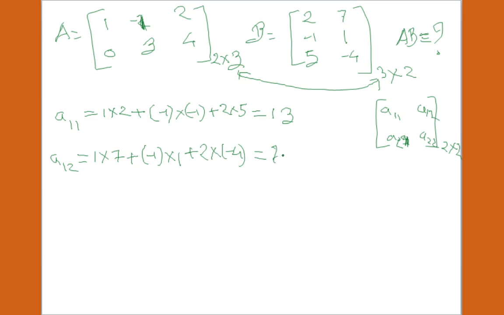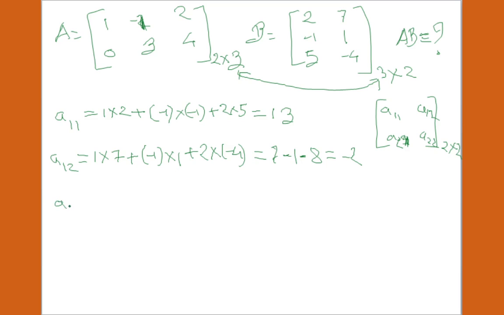So 7 minus 1 minus 8. Minus 9 plus 7, that is minus 2.